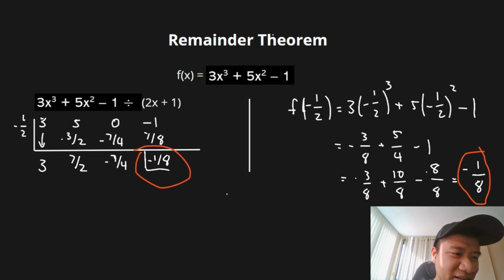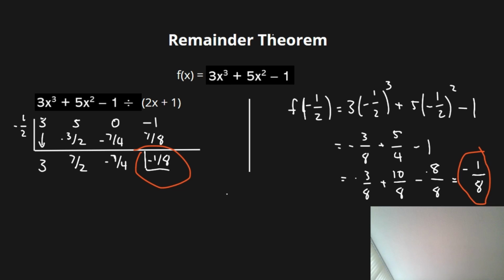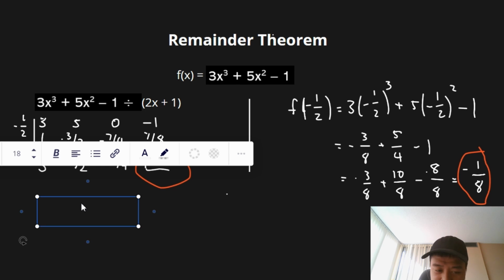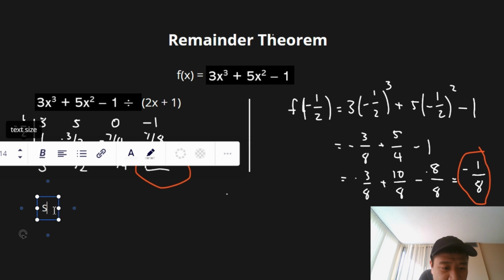So let's summarize what we figured out. Suppose we have a polynomial. I'm going to type this out. So this is the remainder theorem.